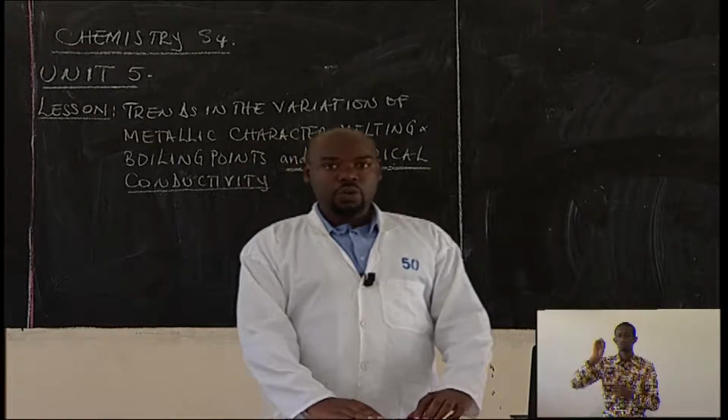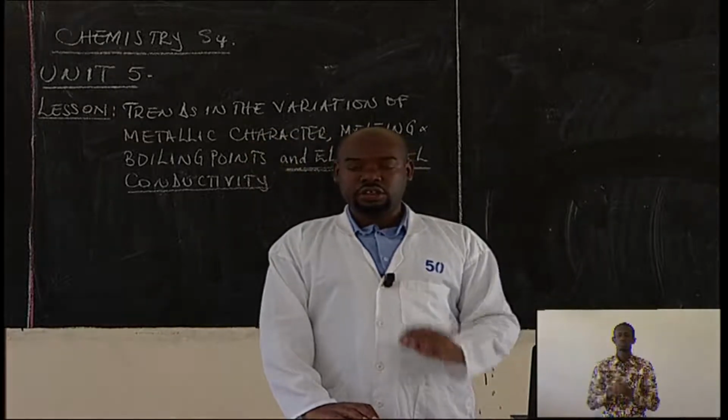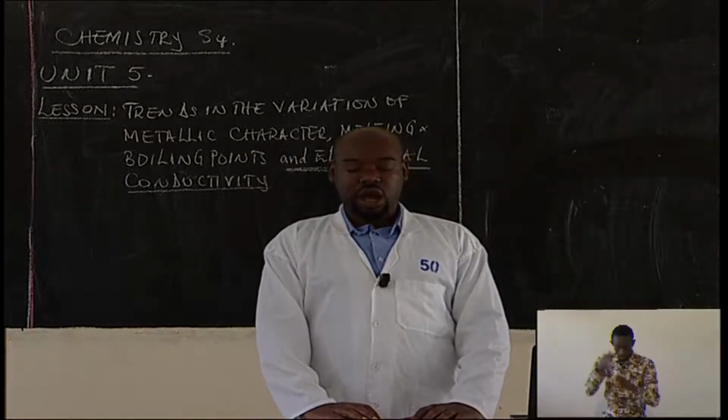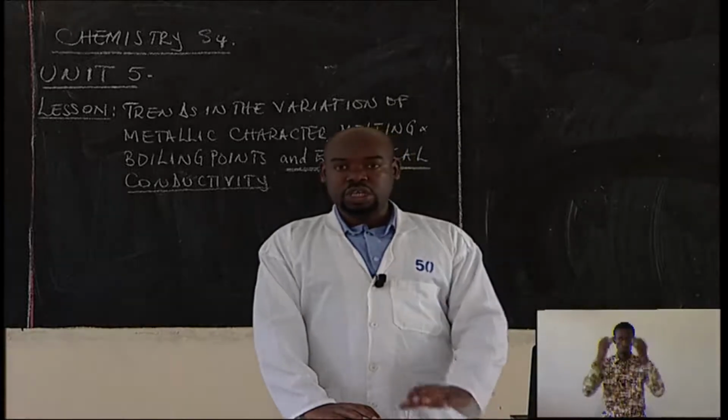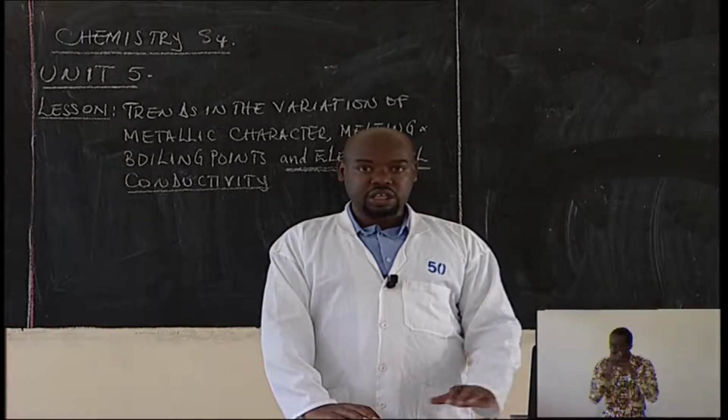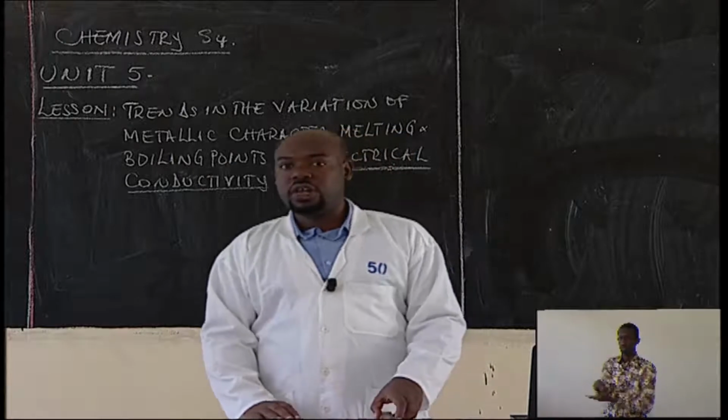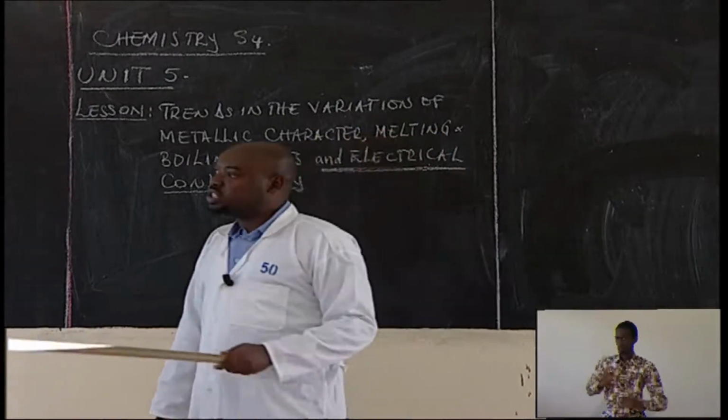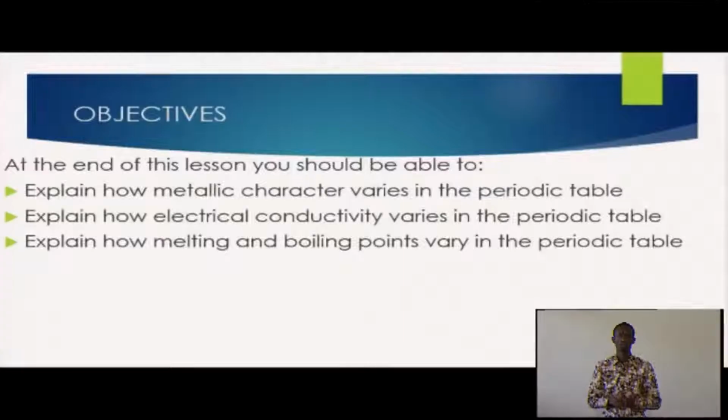So before we go deep in the content of today's lesson, I want you to be careful and we read together the objectives of our lesson. At the end of this lesson, you should be able to explain how metallic character varies in the periodic table. You should also, of course, be able to explain or define metallic character.